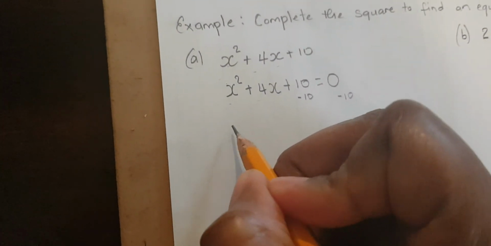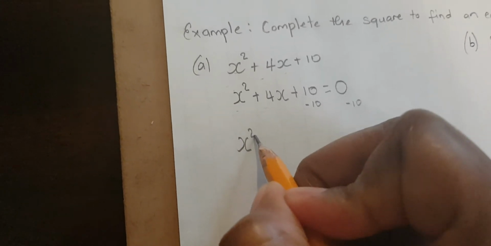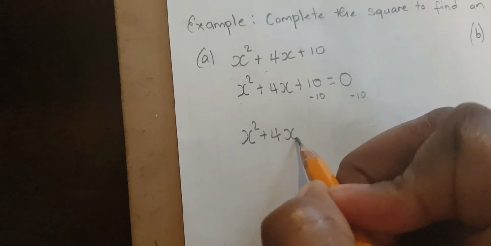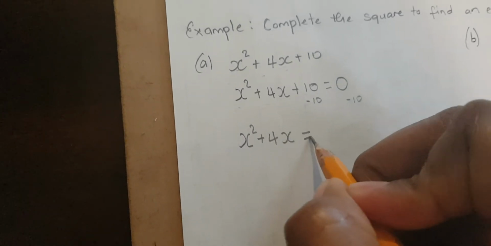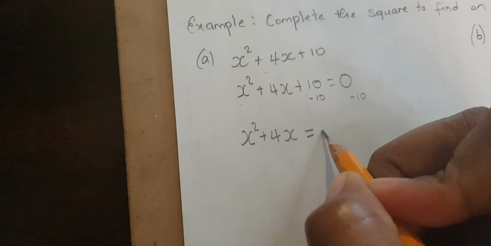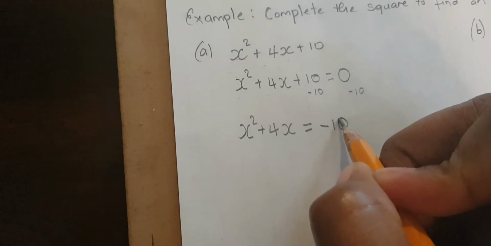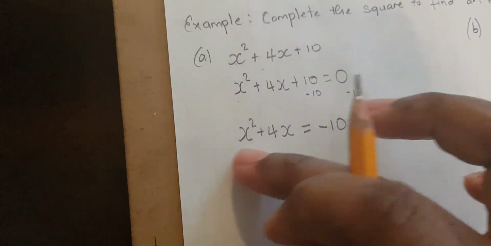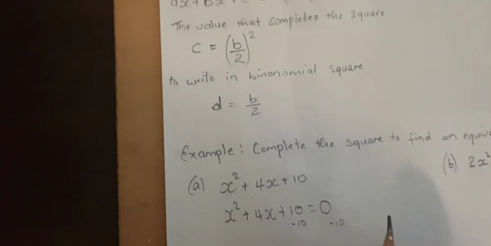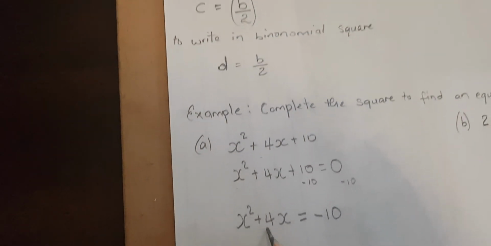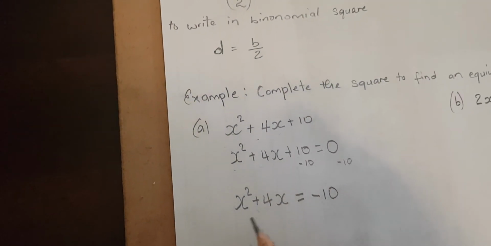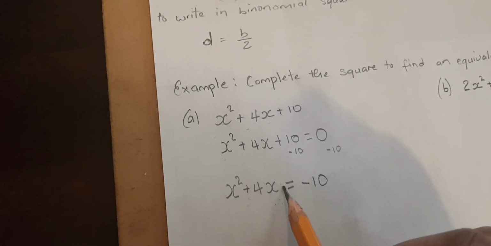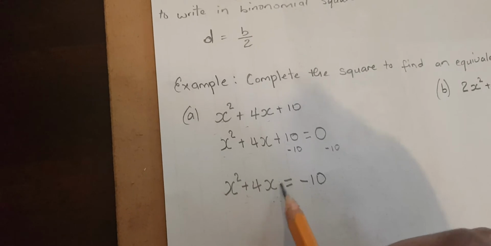That is going to leave us with x squared plus 4x is equal to, so this cancels, minus 10. Now we have this part by itself, and we're going to focus right here. You can choose to do algebra tiles, but we're moving away from it. We need to know what value c should go here that will complete the square.